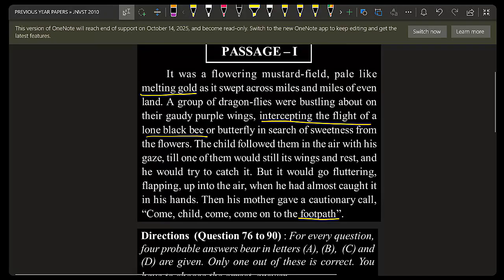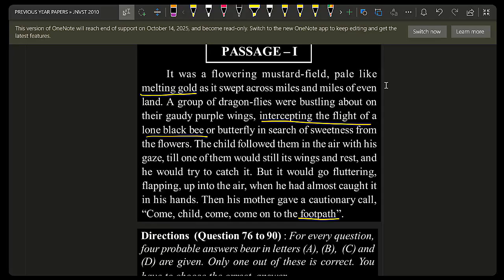Saurish, what is your doubt? Sir, gazing.